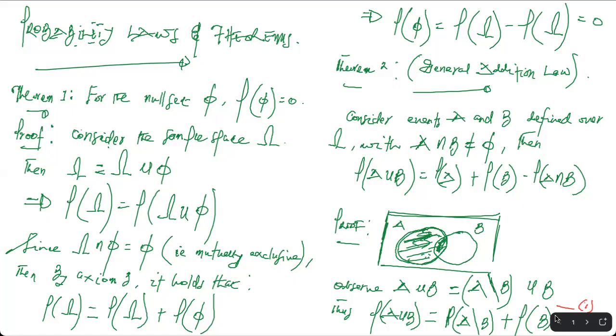So we've considered the first theorem, which is the trivial case of the probability of the null set being zero. And I've explained the intuition behind that: the null set characterizes impossibility.